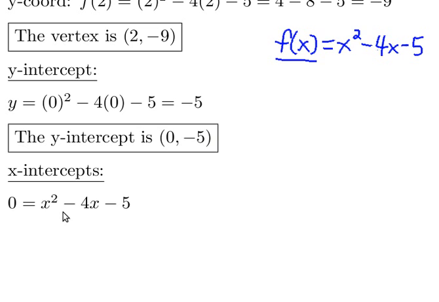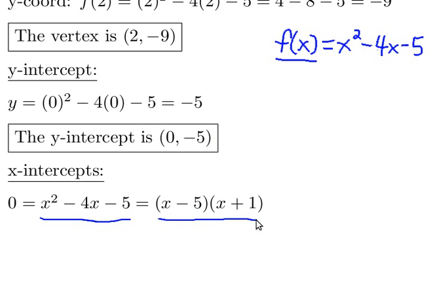We could solve this by using the quadratic formula, but because we're spending a long time on this, I'm going to rewrite this as (x minus 5)(x plus 1). So you can factor x squared minus 4x minus 5 into x minus 5 times x plus 1.